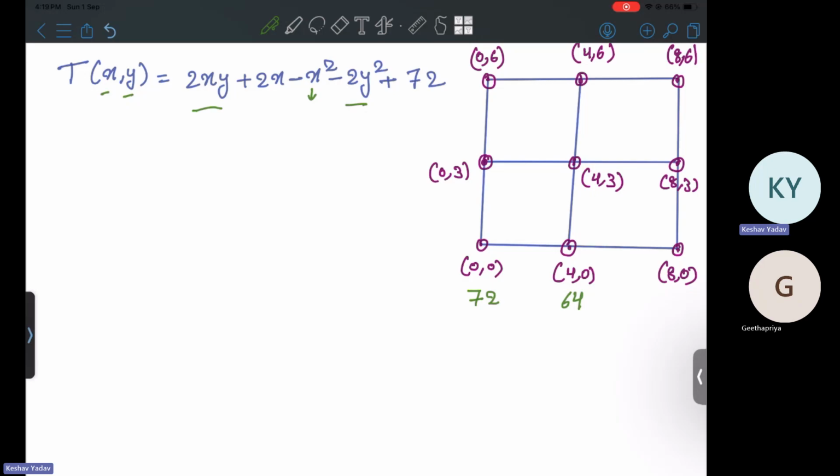Similarly, if I go for 8, 0, this will be equal to 0 plus 16 minus 8, 64 minus 0 plus 72. So this will be what? 90. Summation of this and this.